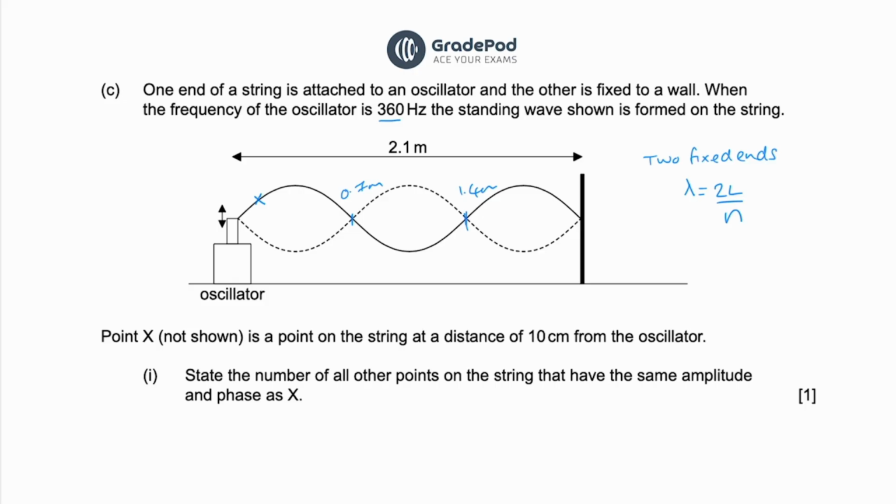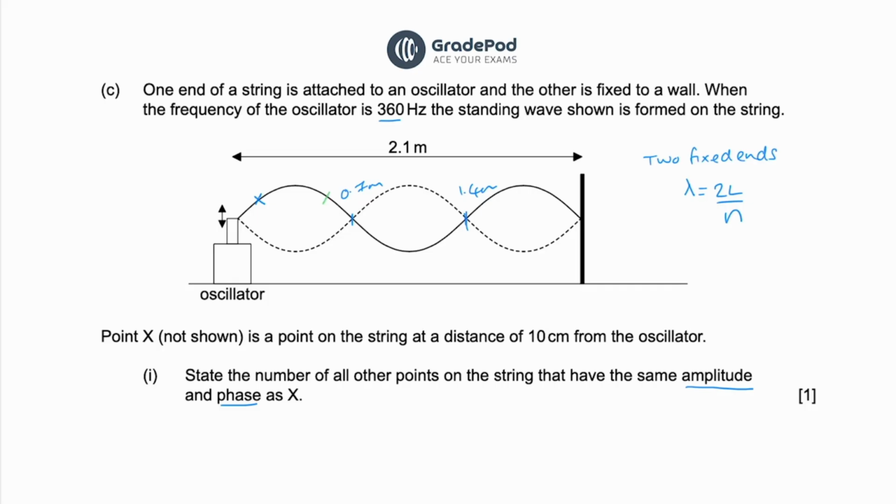1. State the number of all other points on the string that have the same amplitude and phase as X. If you remember in our mass of the majority tutorial, you'll remember that all points that are not separated by a node, i.e. here, or separated by an even number of nodes, there, are in phase. But this question says has the same amplitude as well.